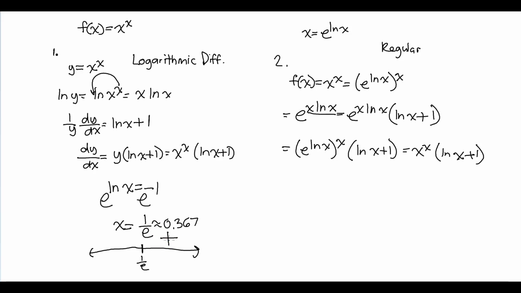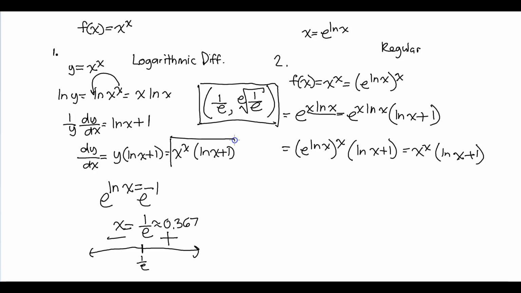Now 0.1: ln of 0.1 is less than -1, since ln of 1 over e is -1. So this will be negative. So this is the minimum value. You get the minimum value at x equals 1 over e, with y equal to 1 over e raised to the 1 over e power. So this is the minimum value of this function.